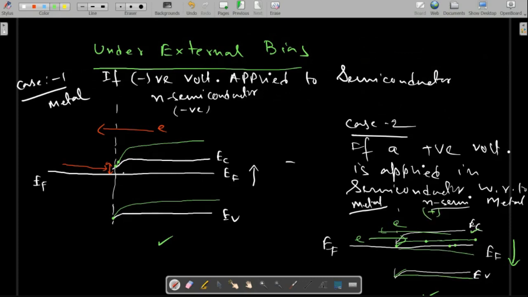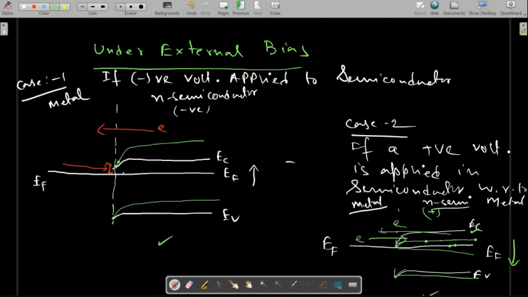Although the non-rectifying contact theoretically performs well, meaning the carriers can move both ways without facing any barrier, there are some practical limitations. Whatever structure we are discussing, under these conditions there will be no barrier, and so on. But in real cases, it is very difficult to achieve all those conditions.